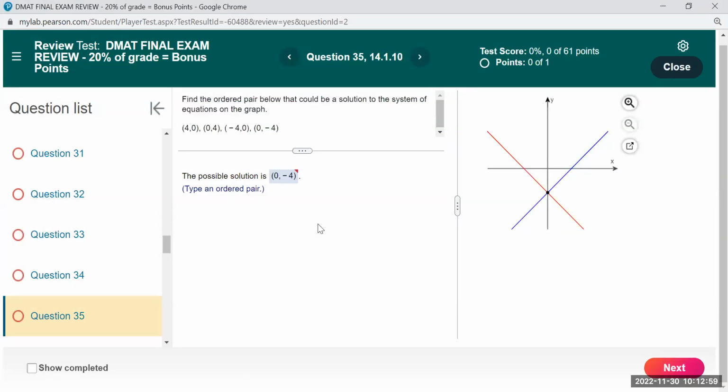Find the ordered pair below that could be the solution for the system of equations in the graph. All right, so we have line 1, line 2. Out of these possibilities, which one could be the possible answer?